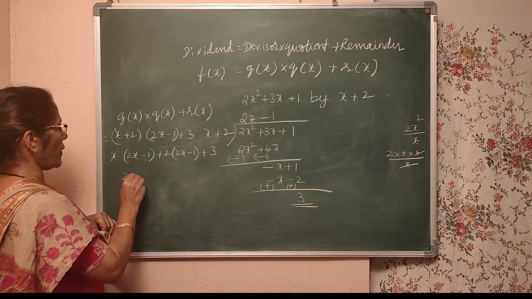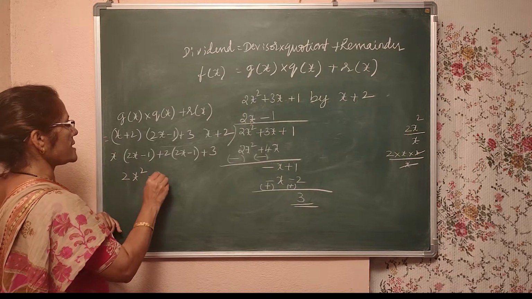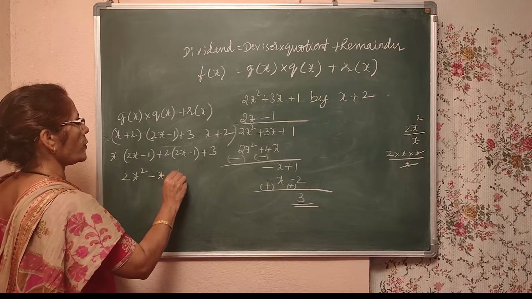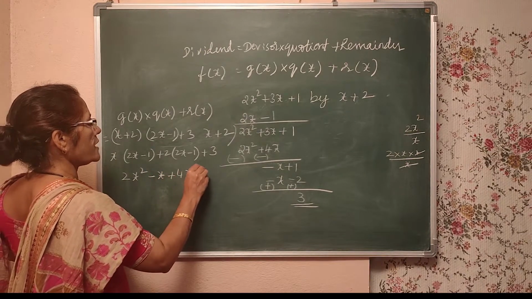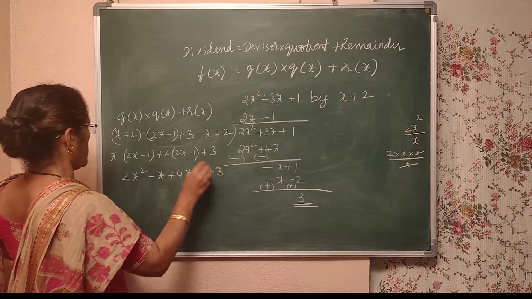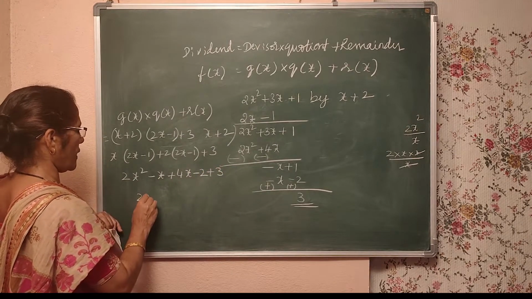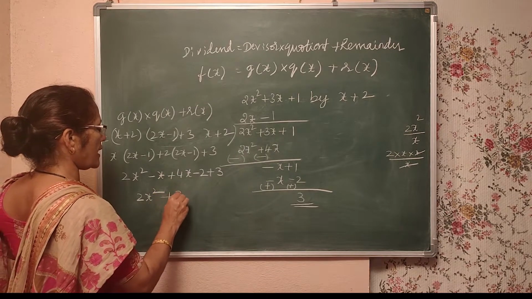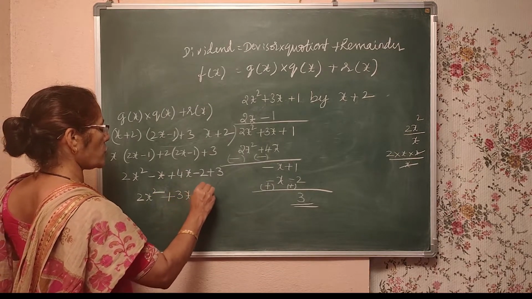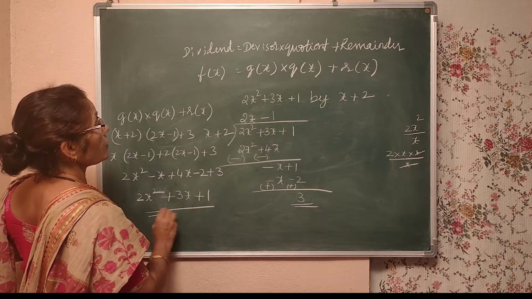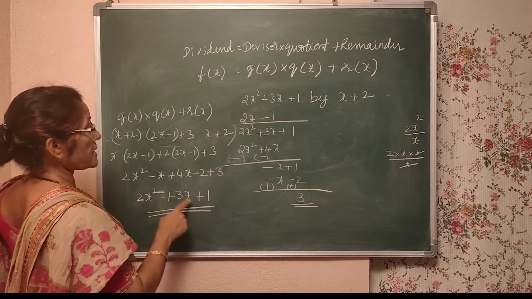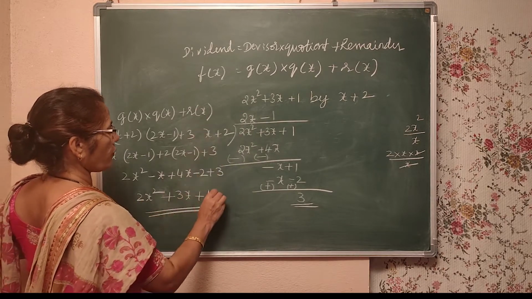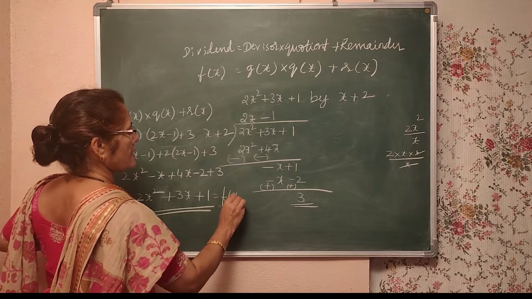So 2x square minus x plus 4x minus 2 plus 3. So you'll get 2x square, 4x minus x is 3x, 3 minus 2 is 1. That is equal to 2x square plus 3x plus 1, is it equal to f of x? Yes, it is f of x.